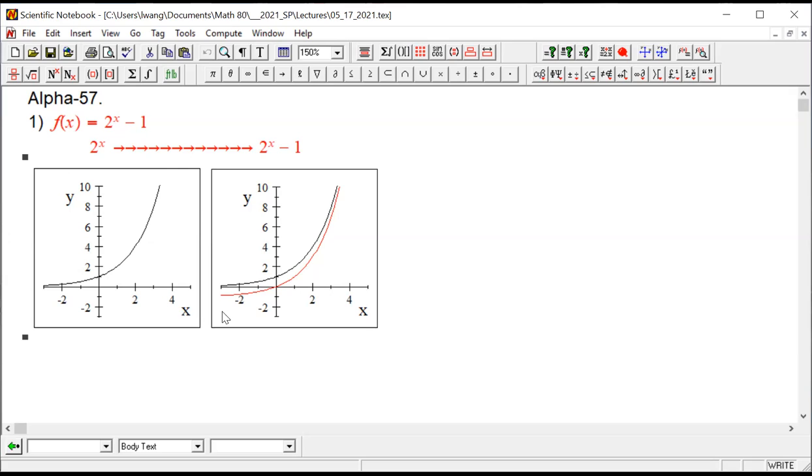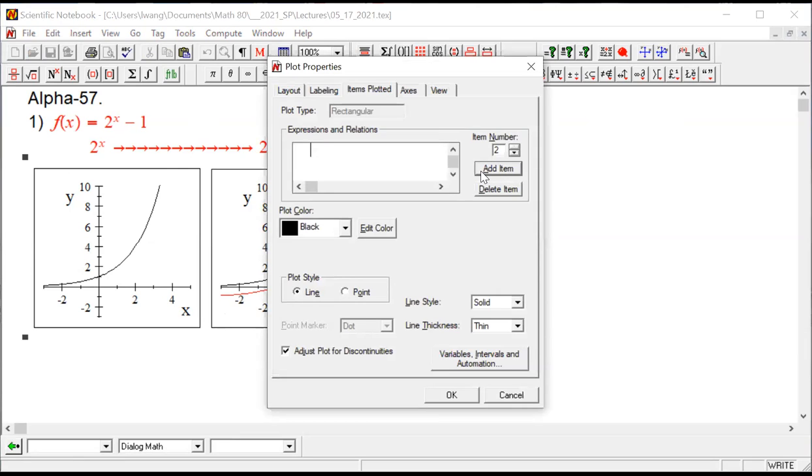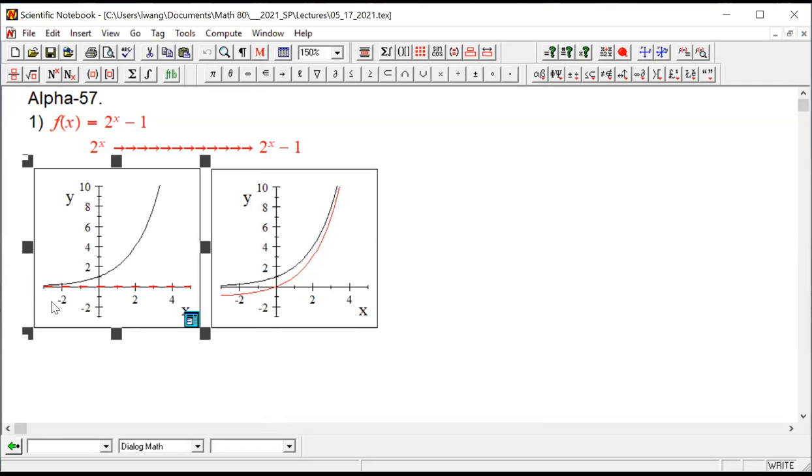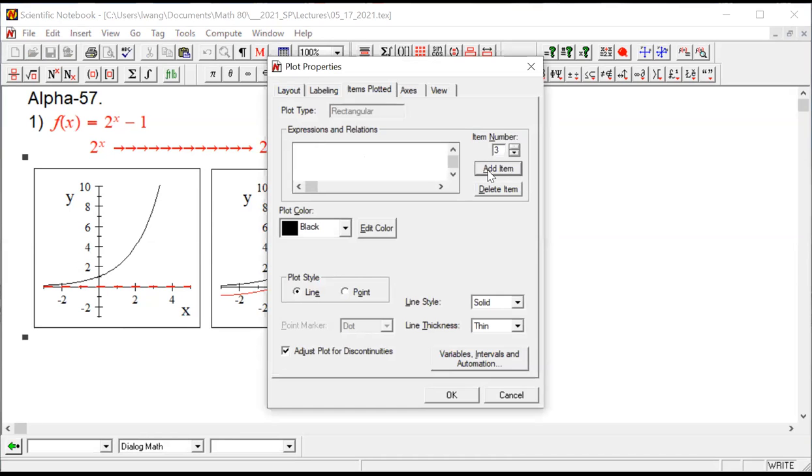What was the horizontal asymptote here? Let me use a broken line. That's the horizontal asymptote. What will be the horizontal asymptote after we shift it down by 1 unit? It's going to be shifted down by 1 unit.